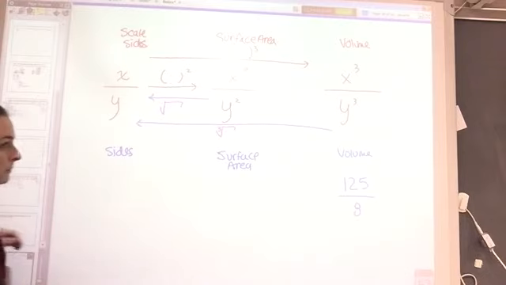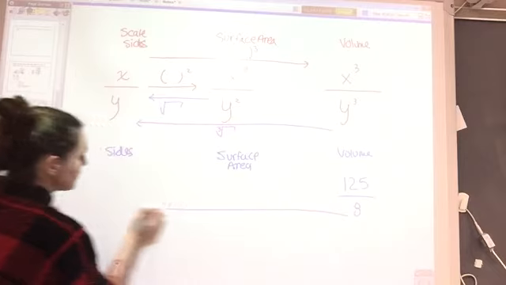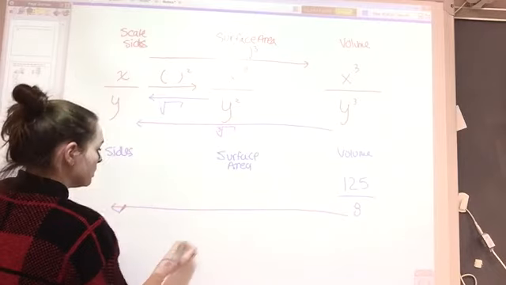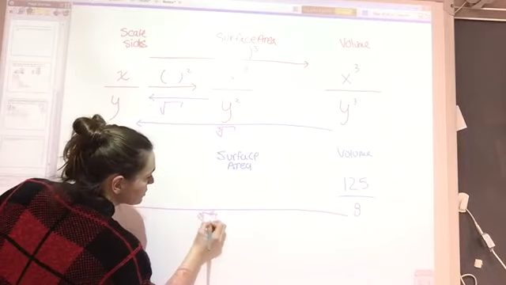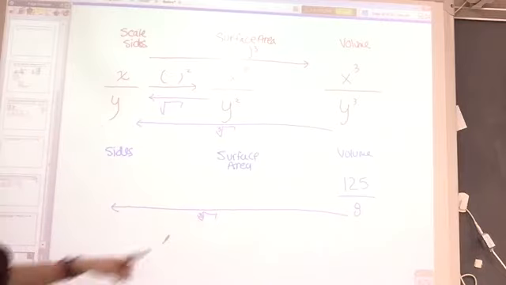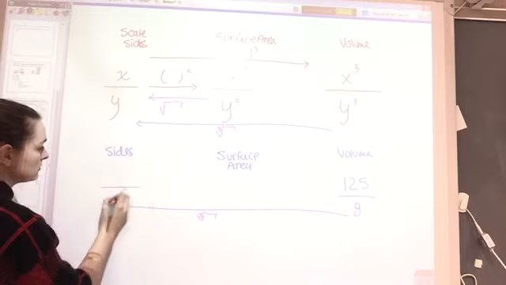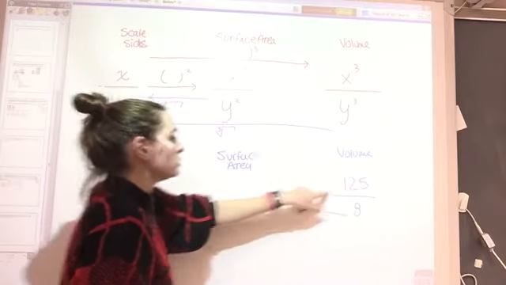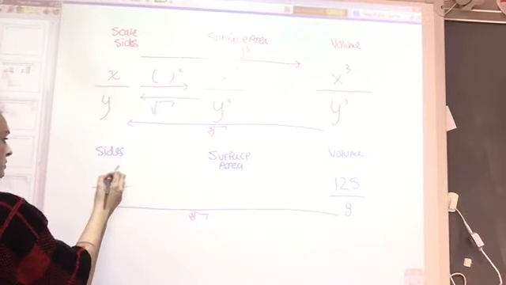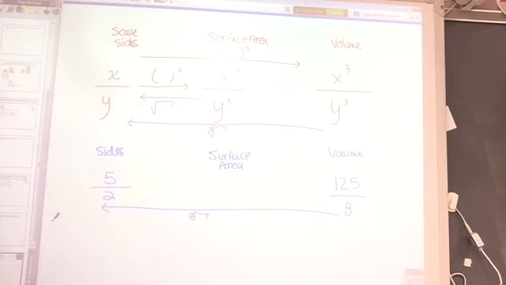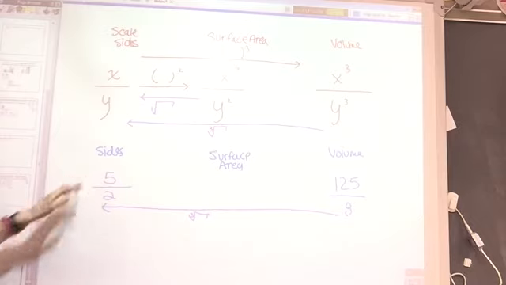So to go from my volume to my sides, it's this big purple arrow. It's going to be cube root both of those. So cube root 8 is equal to 2, and the cube root of 125 is equal to 5. Okay, so we have our scale factor of our sides.